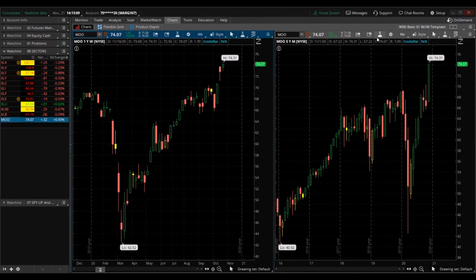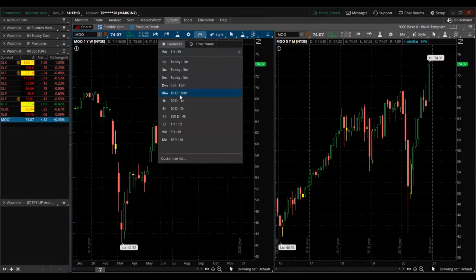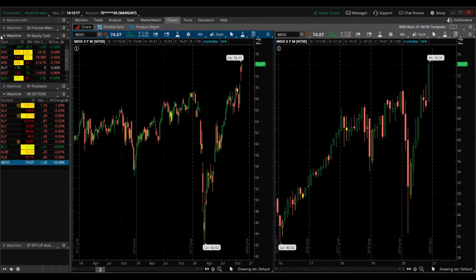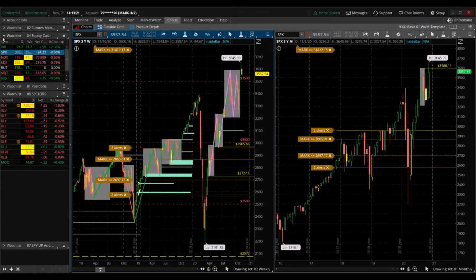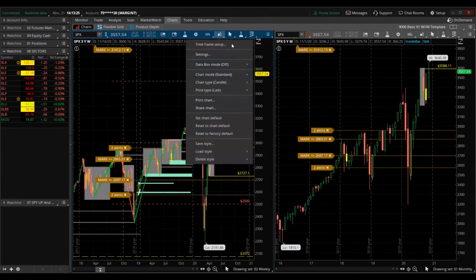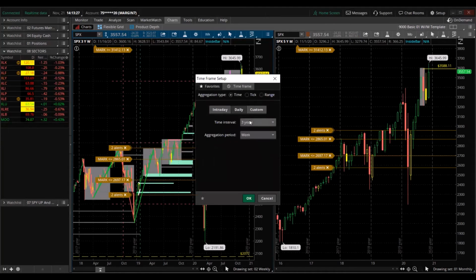So now let's compare the S&P 500 cash index for the past 5 years versus each of the others.